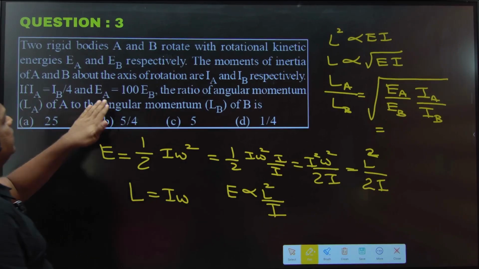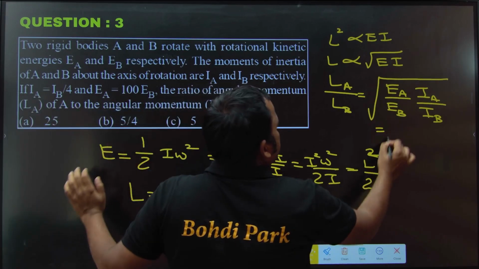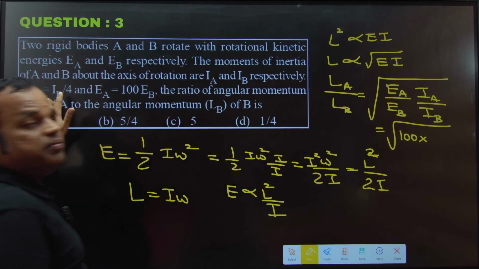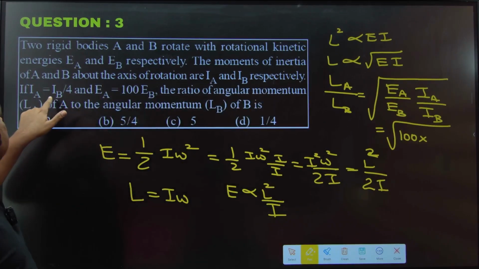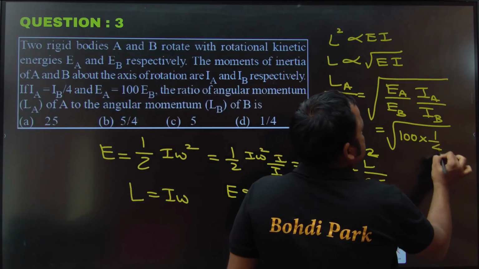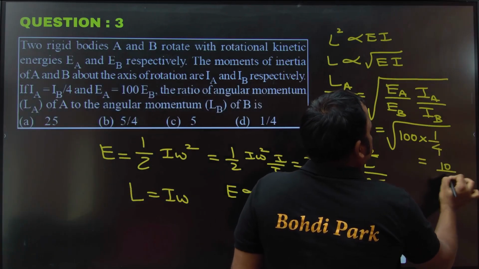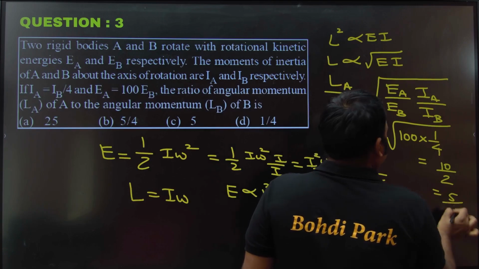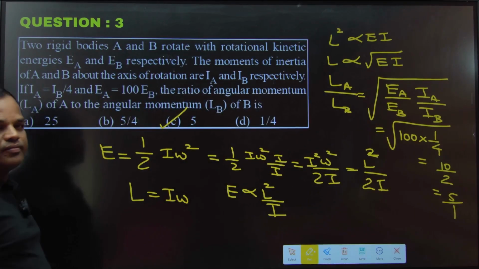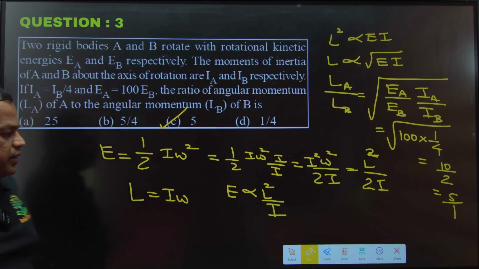Then EA by EB is 100 and IA by IB is 1 by 4. That will be equal to 10 by 2 or 5 by 1. C option. Next question.